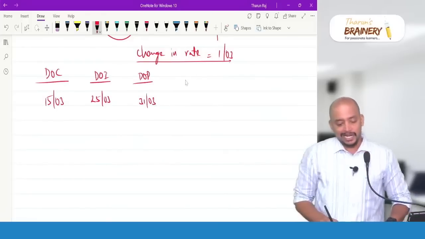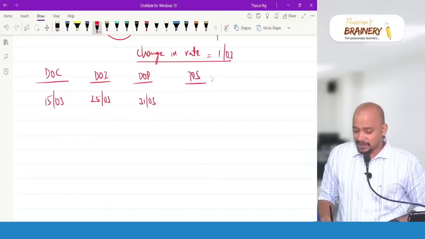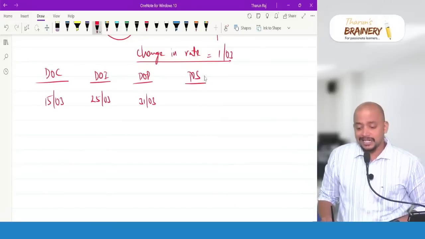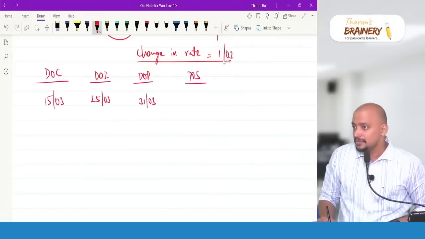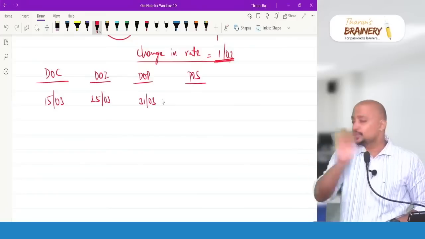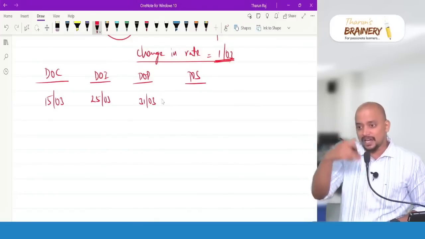So what will be taken as the time of supply? First of all, will it be determined under section 14? No. Time of supply will not be determined under section 14, because between these 3 dates the rate is the same, because the change in rate is 1st March and after that only all these events have happened. Means between these 3 dates there is no change in rate, so don't apply section 14. You need to determine normally under either 12 or 13.